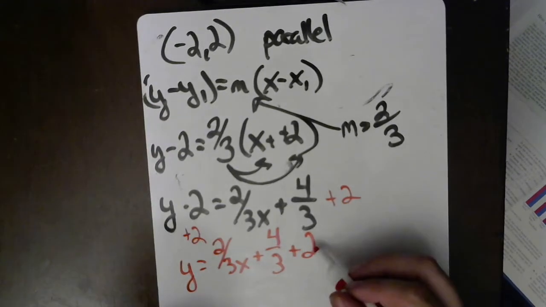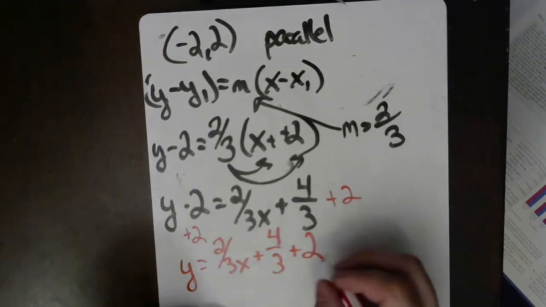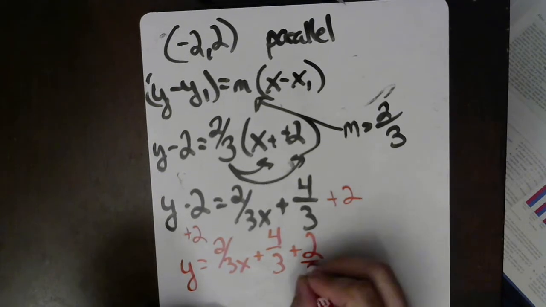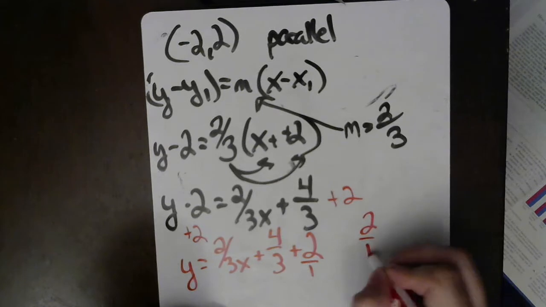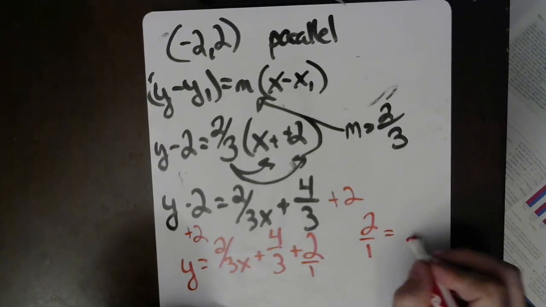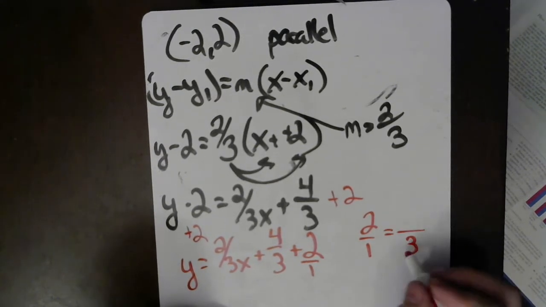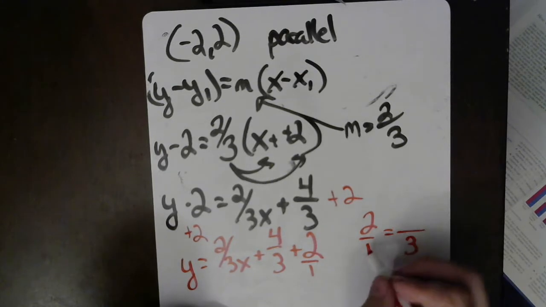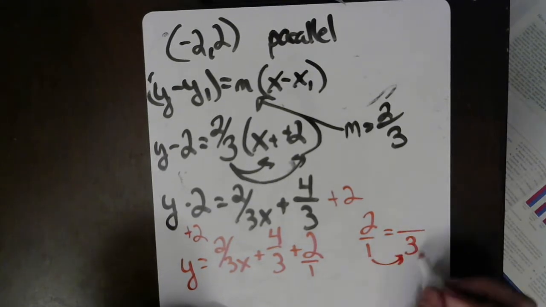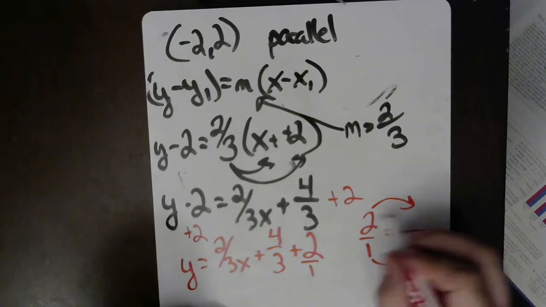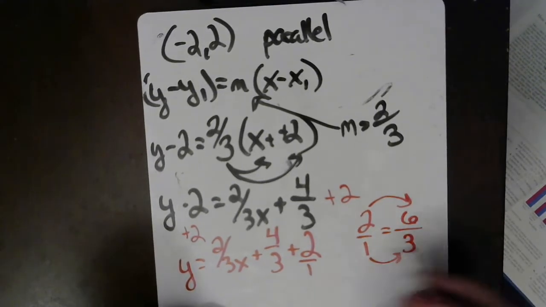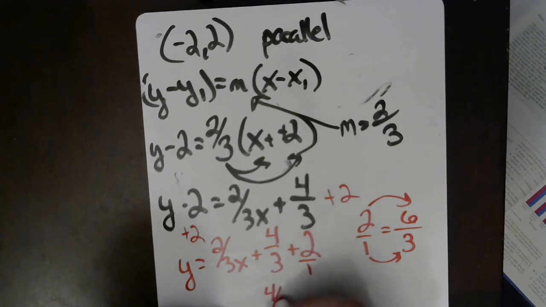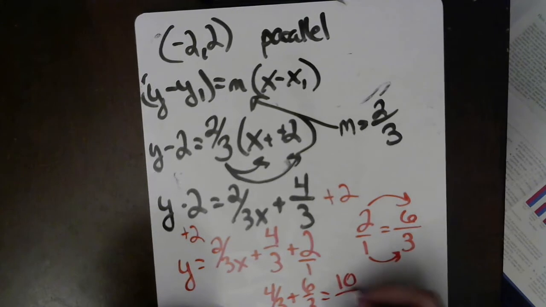Now we need to have a common denominator here. So what is this 2? It's actually 2 over 1, and we need to make the denominator 3. We multiply the bottom by 3, so we need to multiply the top by 3. So 2 times 3 is 6. So we make it 4/3 plus 6/3, which gives us 10/3.